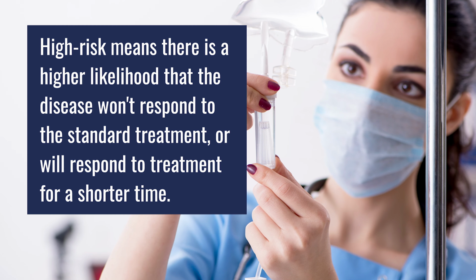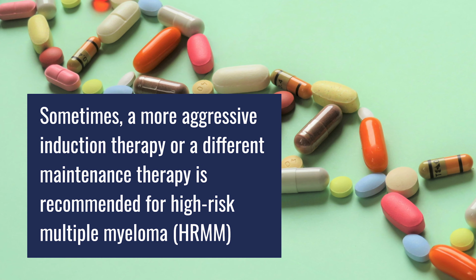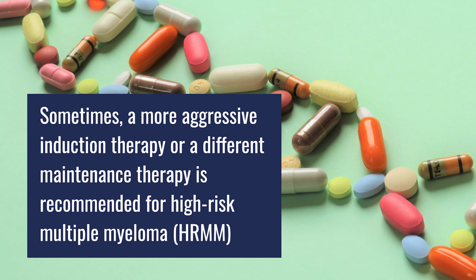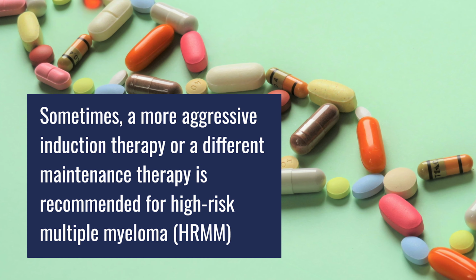And so we are sometimes able to use this risk stratification information to tailor the treatment to the patient. In some cases, this means we might use a different initial regimen, more aggressive therapy, or in some cases, we may recommend a different type of maintenance therapy, perhaps two different drugs used together rather than one drug if the patient has high-risk disease.